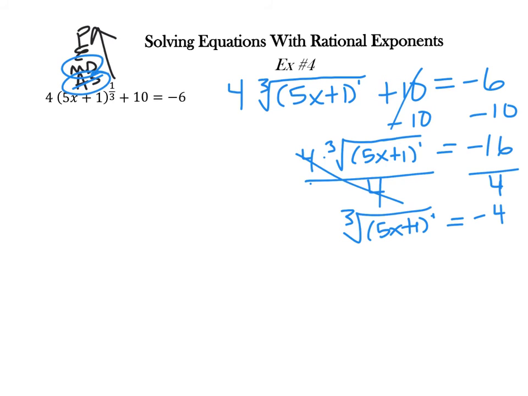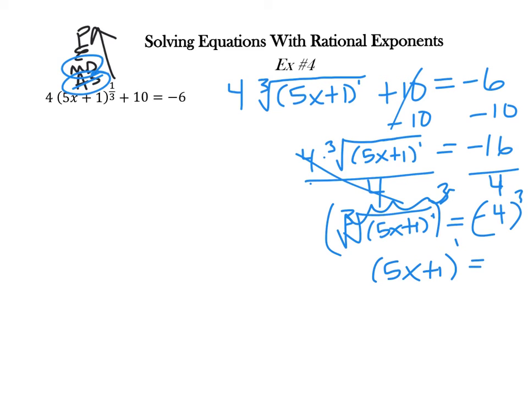Now that the radical is by itself, I can get rid of that cube as the index, right? And we're taking the cube root, we're going to do the exact opposite by raising it to the third power on both sides. We do that to both. The cube root and the cube cancel, leaving me with 5x plus 1 to the 1 power equals negative 4 times negative 4 is positive 16. 16 times negative 4 is negative 64.